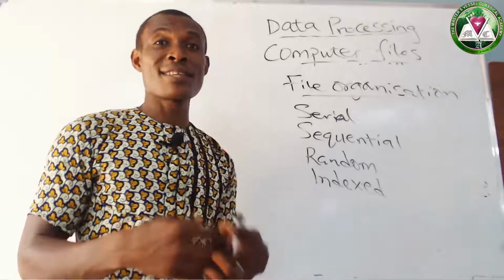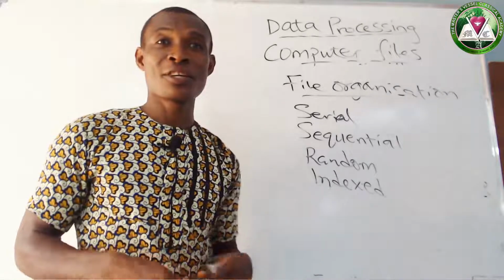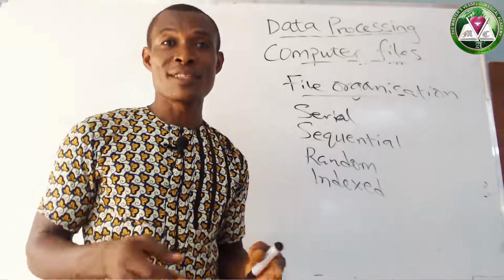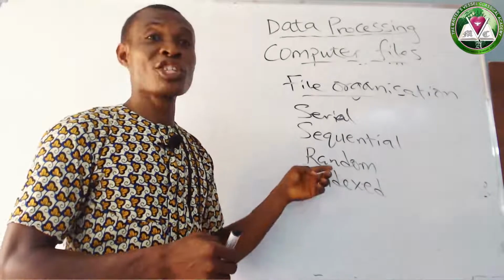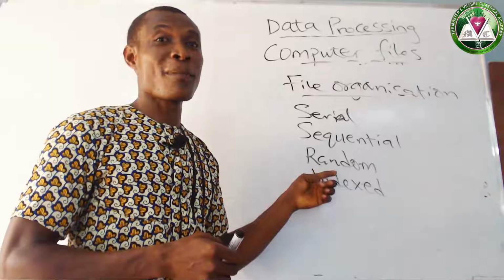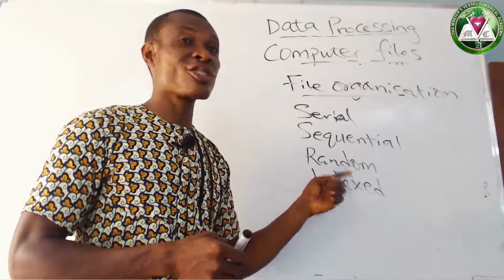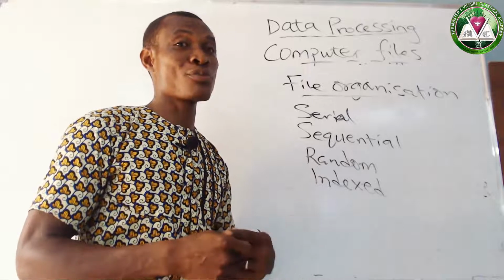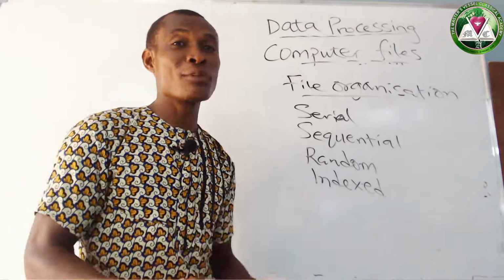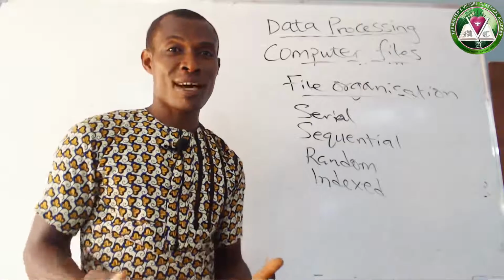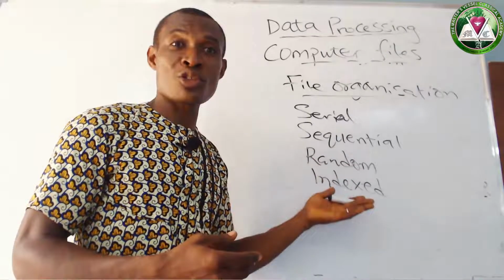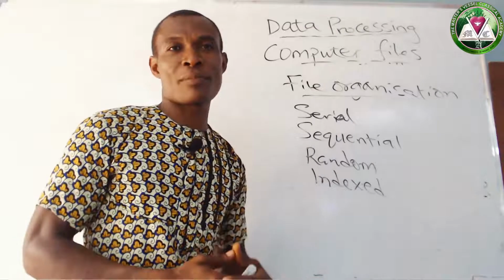Computer files can be accessed sequentially. Computer files can be accessed randomly. And I also want to mention here that when we talk about random here, it can also be called direct file organization. So it can be accessed randomly or directly. It can also be accessed using the reference number, that is the index number.